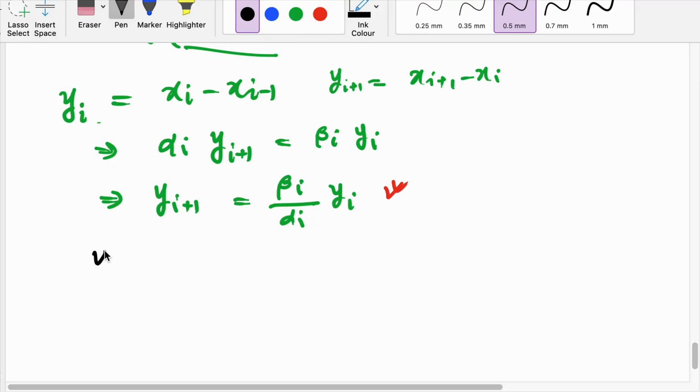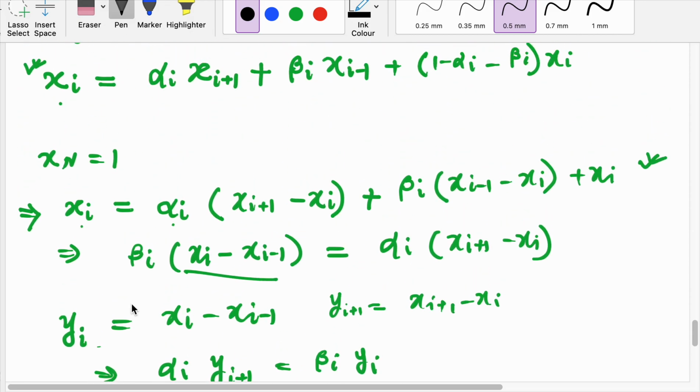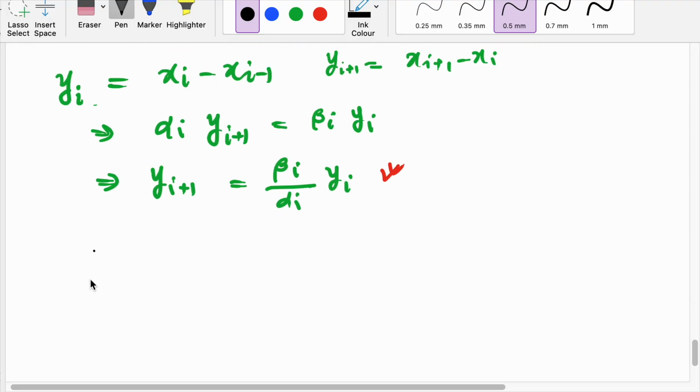Now what is the value of x0, what is the value of y0? The y0 value is 0. Suppose what is the value of y1 maybe. Okay, let me do it in this way.